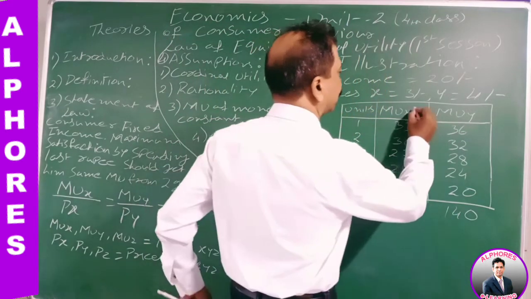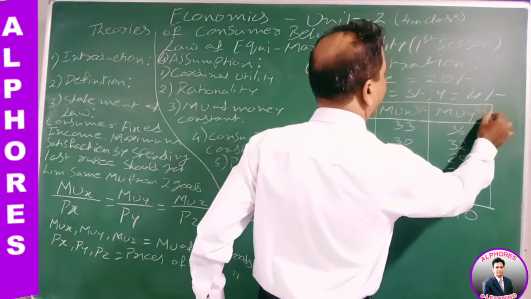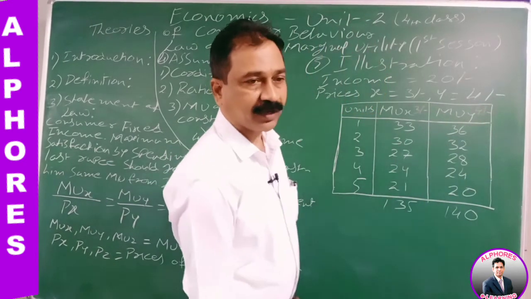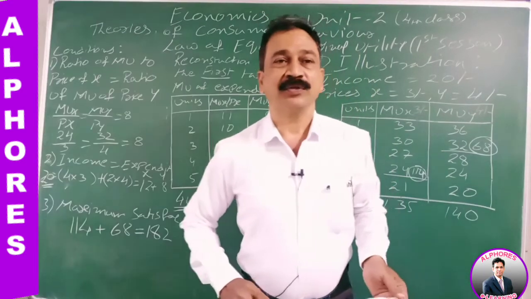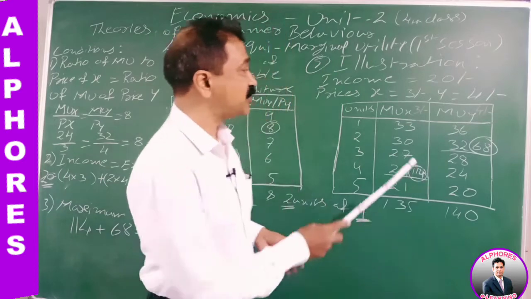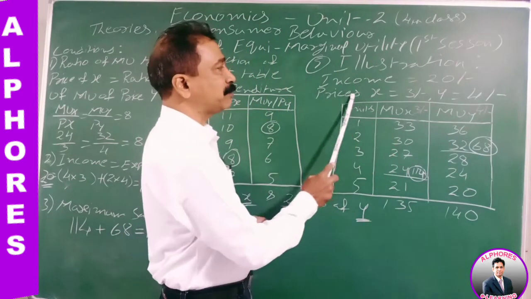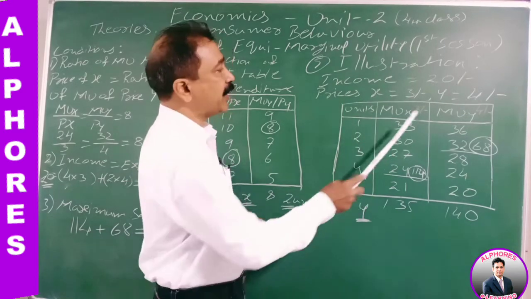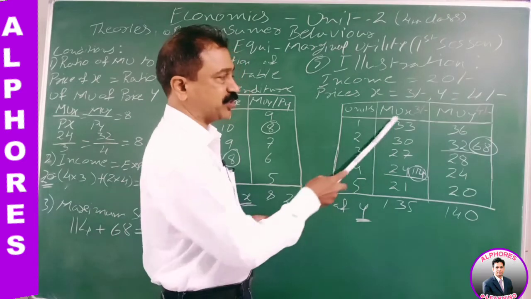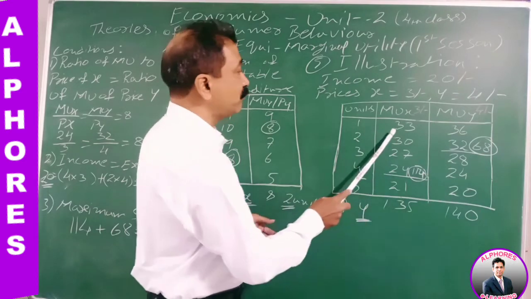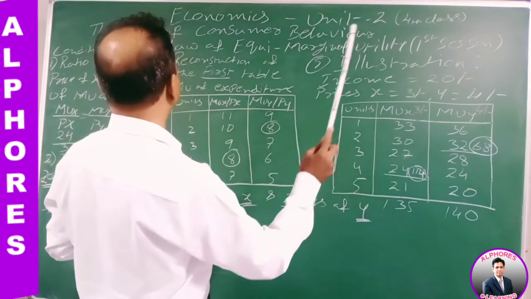Let us put it here, for 1 unit of X, per 1 unit of Y. So now let us reconstruct this table. Income is 20 rupees, the price of X is 3 rupees and Y is 4 rupees. First, we will divide the marginal utility of X by its price, as I showed you at the beginning.